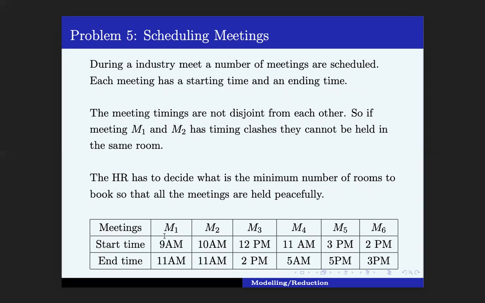For each of the meetings, M1 to M6, there is a start time and an end time. Of course, at any point of time in a particular room, 2 meetings cannot be held. It has to be only 1 meeting, and you have to find out the minimum number of rooms that you need to book so that all the meetings can be assigned.